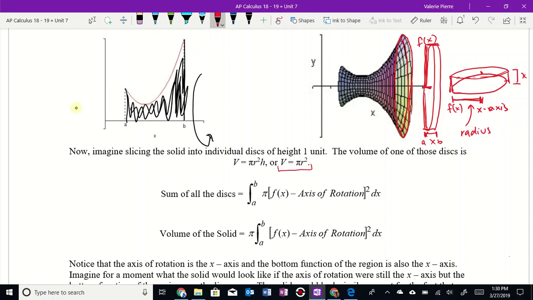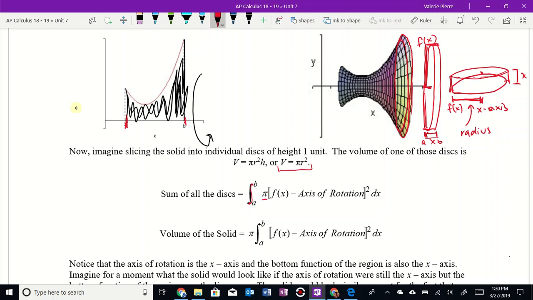So if I add up all of those cylinders, then I get the definite integral from A to B, whatever value A to B is. In this case, we're going to go from A being over here to B being over here. And this is just little a and b's, but our large a and b is the entire limit we're looking at.